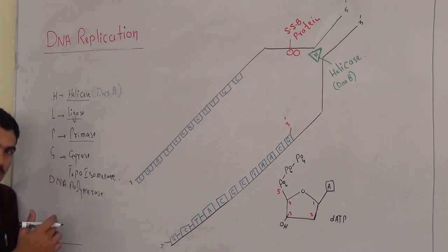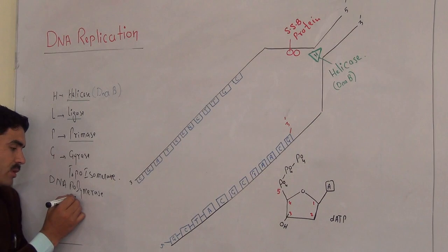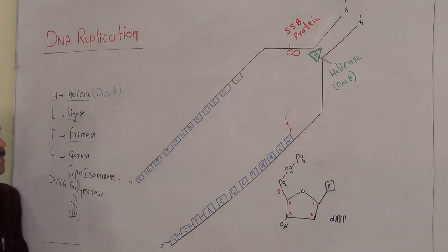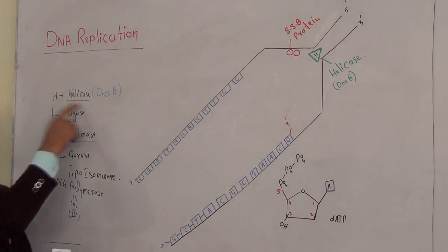There are 3 types of DNA polymerase. In the books of Lehninger they say there are 5 types, but mostly there are 3 types: polymerase 1, polymerase 2, and polymerase 3. We will study these 3 enzymes in detail. But we start with the helicase enzyme first.